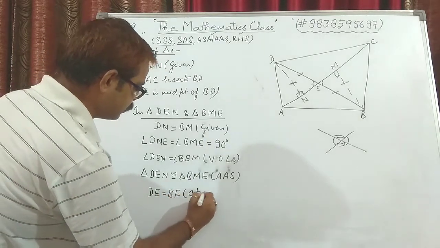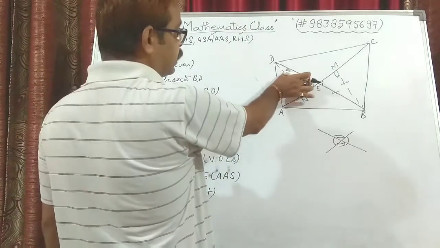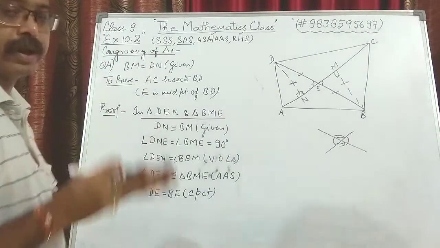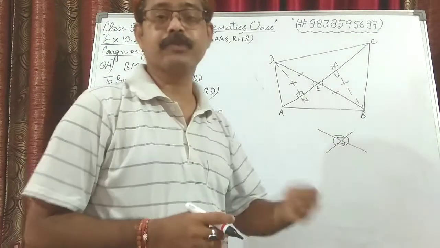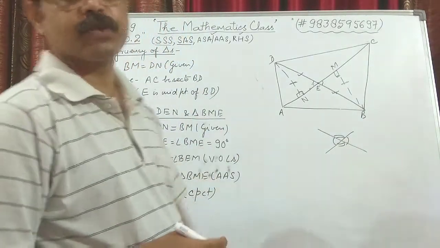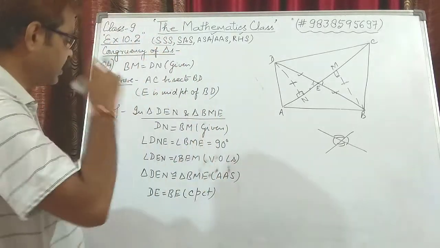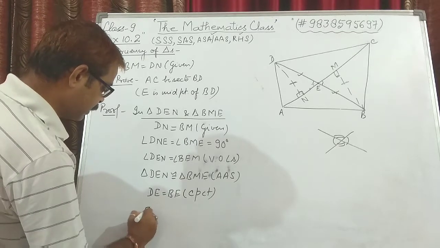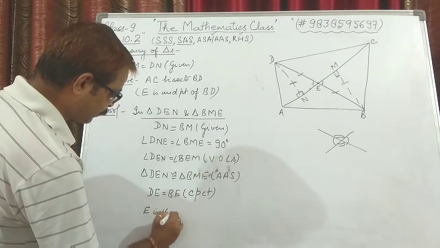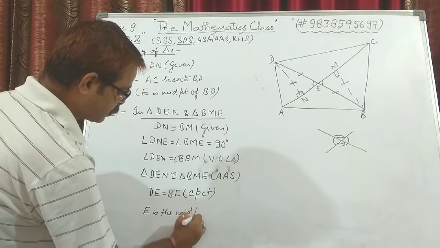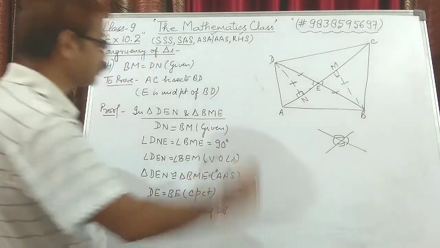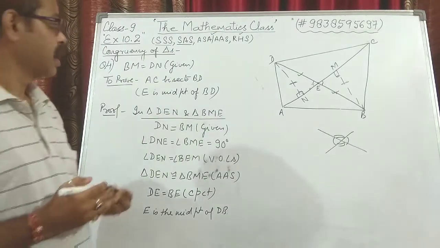By CPCT rule, corresponding parts of congruent triangles. Then if these sides are equal, DE is equal to BE, so we can say that E is the midpoint of DB, and that is what was required to prove.